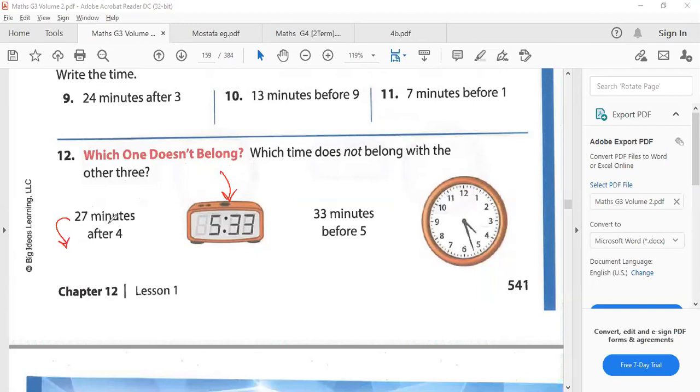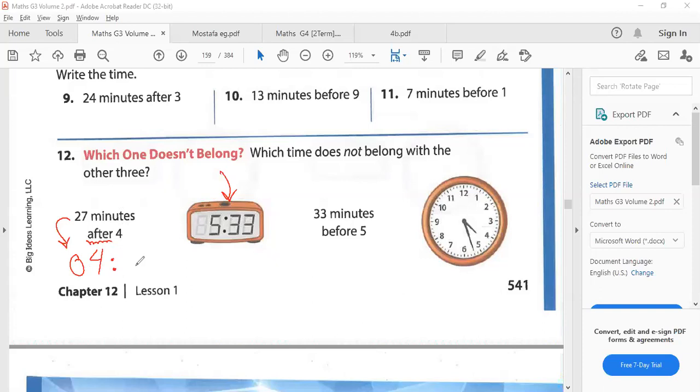This is 27 minutes after 4. Do we have any problem with "after"? If you have "after", it is so easy. So write it down directly. You don't have any problem. 4, and "after" means "and".